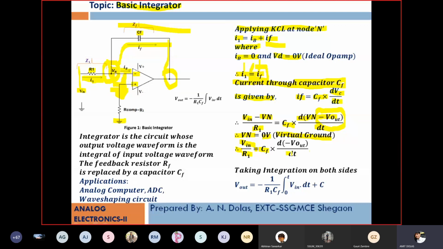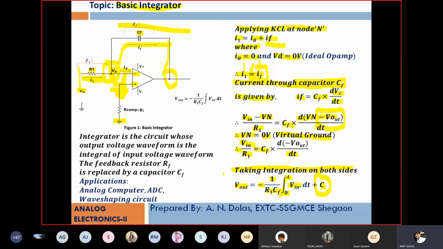Taking integration on both sides, we get the output voltage equal to minus, which shows the inverting integrator, constant 1 by R1 CF, integral from 0 to t of Vin dt plus C, where C is the output voltage at the initial time t equal to 0. You may show or may not show C, no worry about that. If it is mentioned, then we have to use it, else we may forget the constant C.